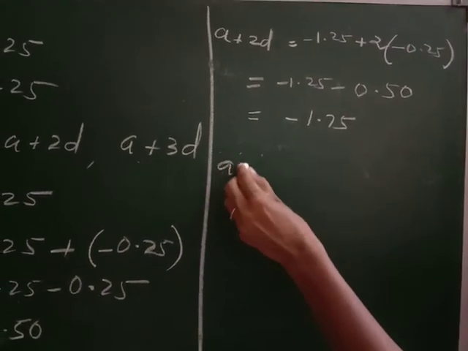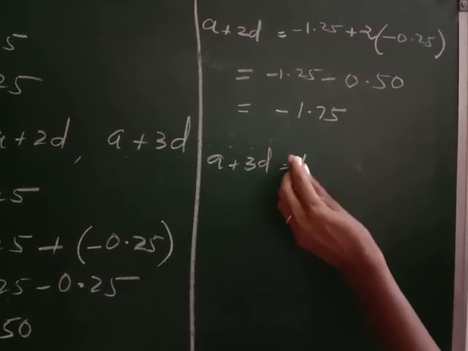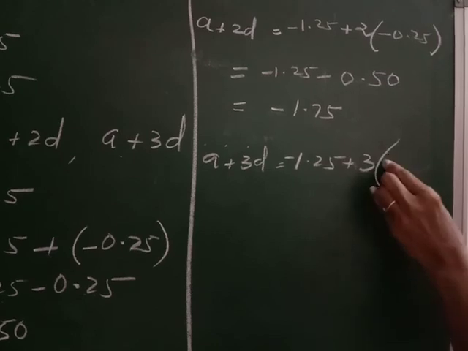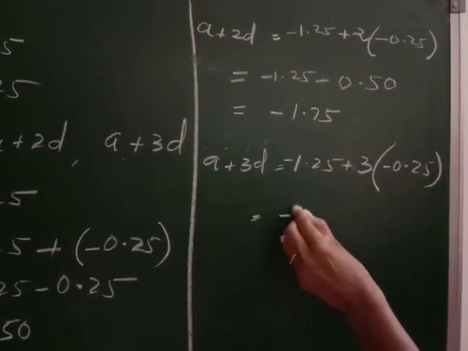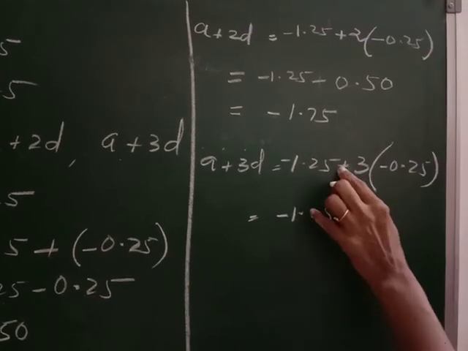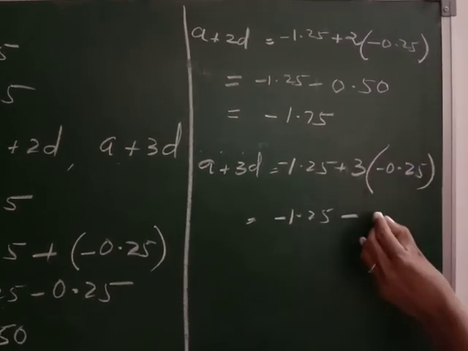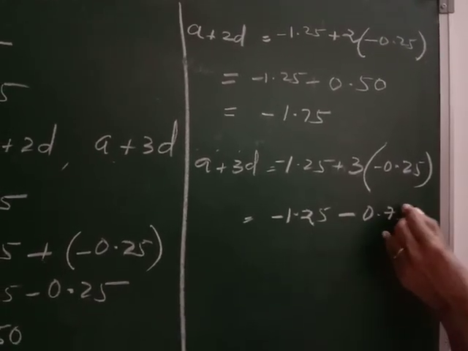Now the fourth term, A plus 3D. So it will be minus 1.25 plus 3 into minus 0.25. So this is minus 1.25 plus minus is minus. If I multiply 0.25 with 3, I will get 0.75.